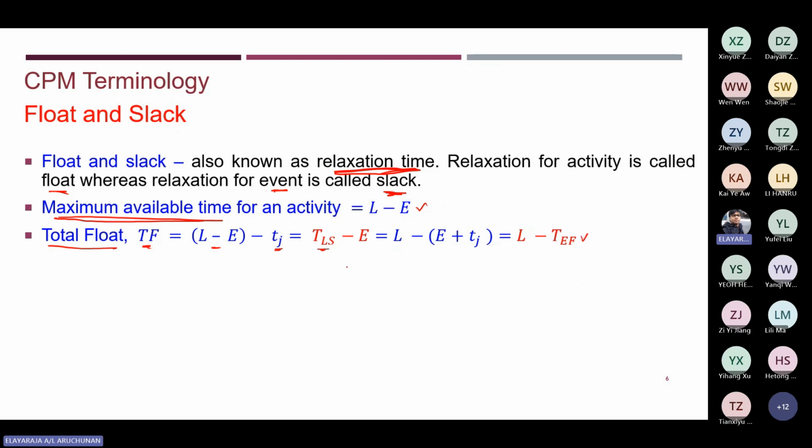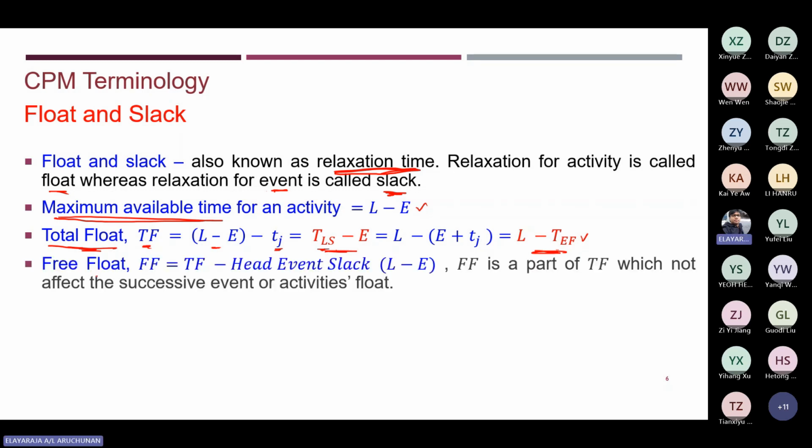You can choose either this formula or this formula to calculate the total float. Later I will give you one example, and we will discuss in detail how we are able to calculate the total float using these formulas.